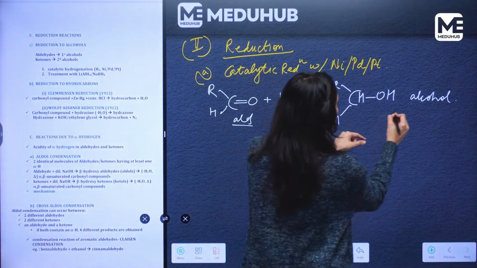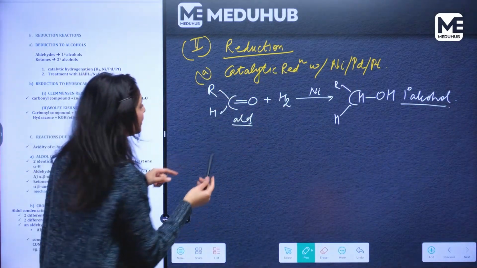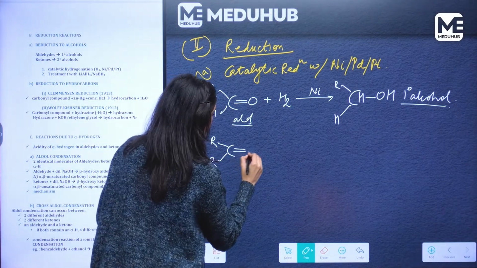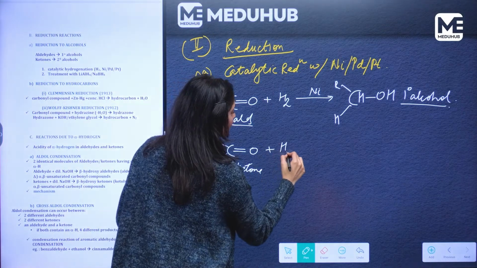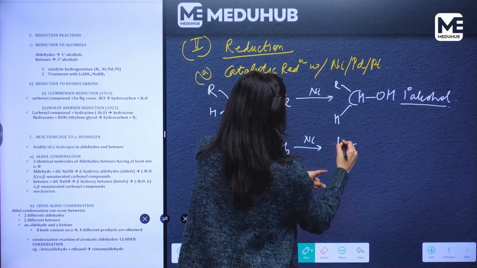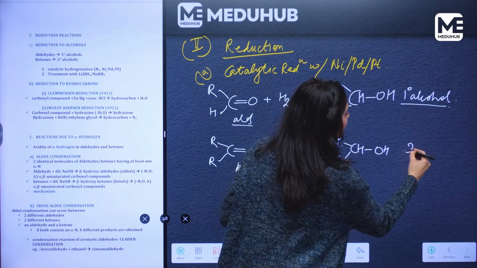gives us a primary alcohol, and if we catalytically reduce a ketone, addition of hydrogen, in the presence of a catalyst, we get a secondary alcohol.